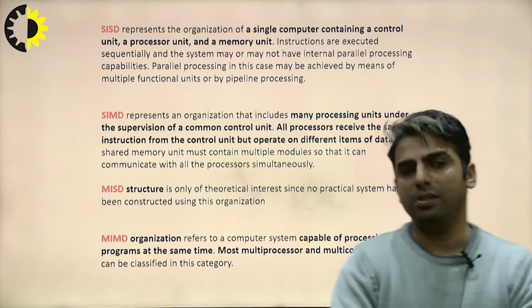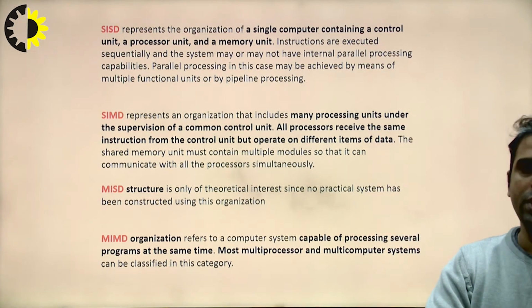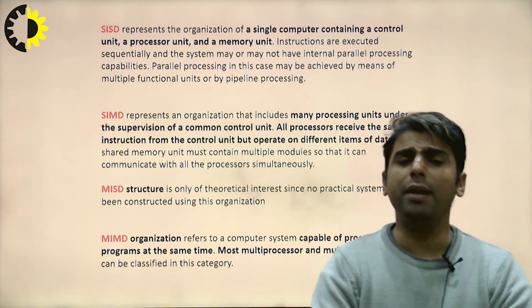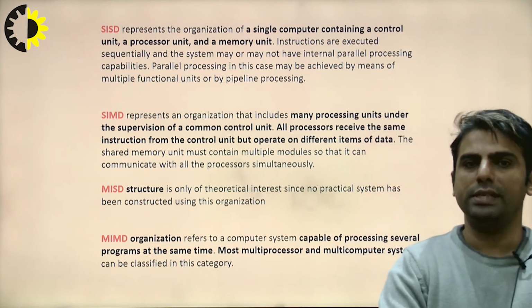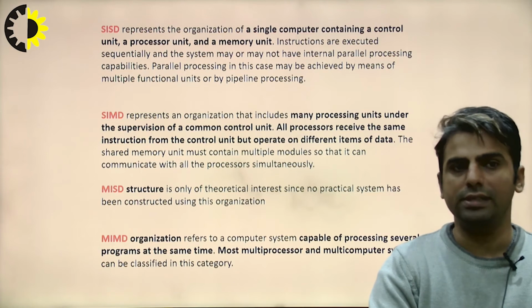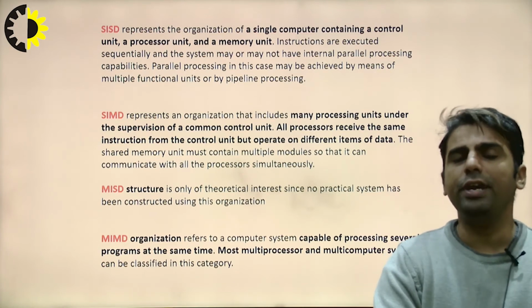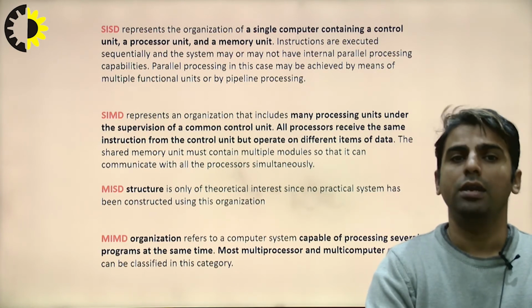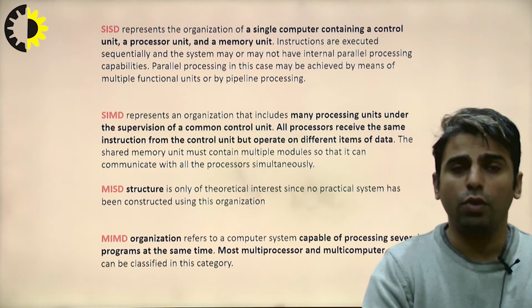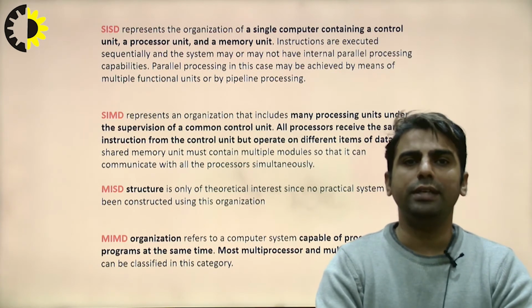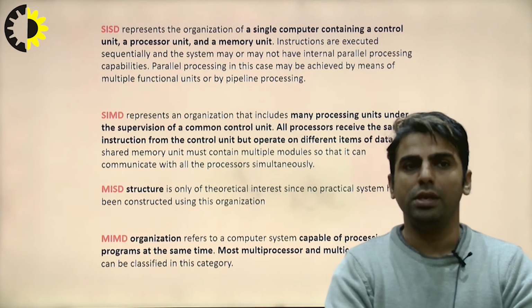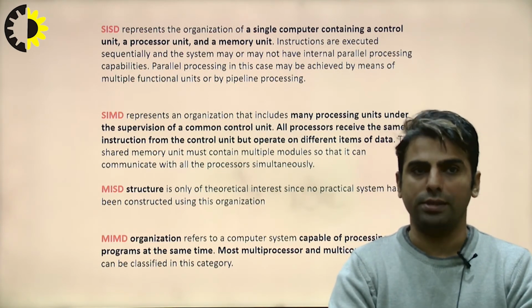So last is the most important, that is MIMD. MIMD organization refers to a computer system capable of processing several programs at the same time. So here we have multiprocessors, and they are working on multiple tasks, right? In SIMD, we know that there are many processing units, but they are working on the same task, right?